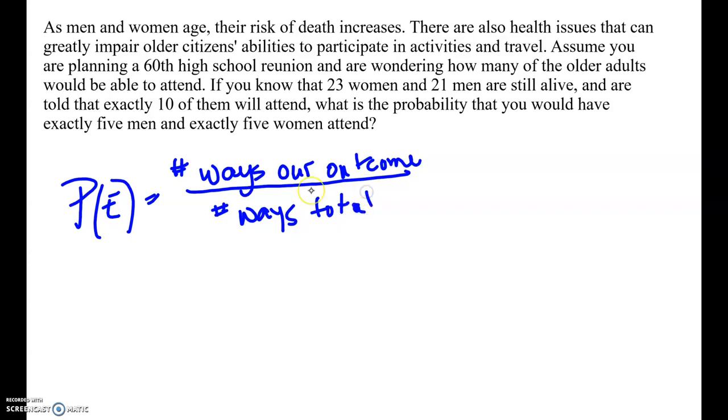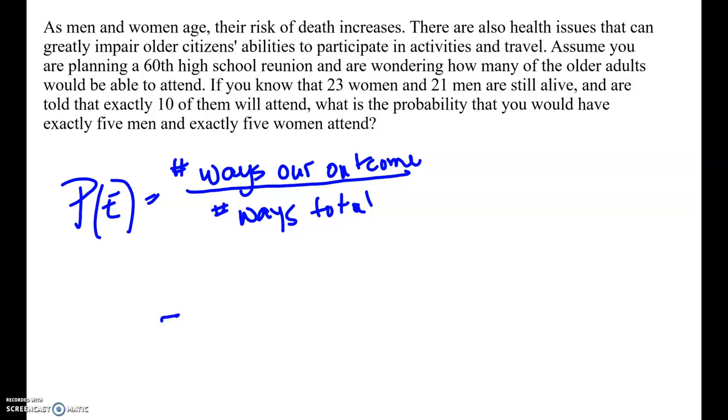So what are we talking about as far as number of ways on our outcome? That would be that we want exactly 5 women out of the 23 women and exactly 5 men out of the 21 men. We're selecting them to attend an event, so order doesn't matter. So combinations are the appropriate choice here.